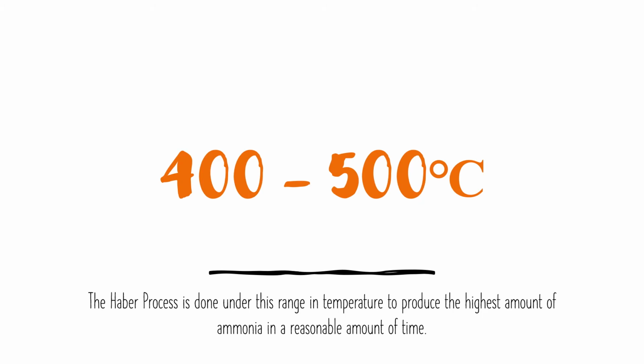After many trials of manipulating these three factors discussed, being pressure, temperature, and the catalyst, in the production of ammonia, Haber and Bosch decided that an ideal temperature range would be around 400 to 500 degrees Celsius, which would allow for the nitrogen and hydrogen to react properly with the metal catalyst, as well as being low enough to shift the equilibrium towards the ammonia.